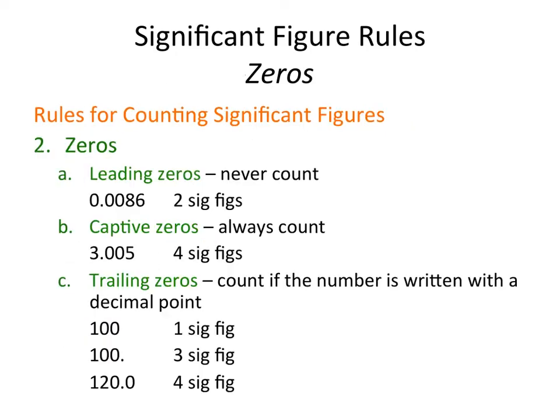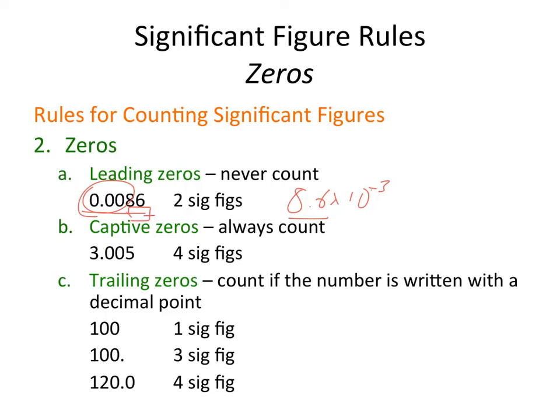That's very simple. When we talk about zeros, there are a few different rules, and it all depends on where they are. In the first case, we have leading zeros, which lead the non-zero digits. In this case, they're just placeholders. We could change this into 8.6 times 10 to the negative 3 of whatever unit that is, and see that there are only truly 2 significant figures.